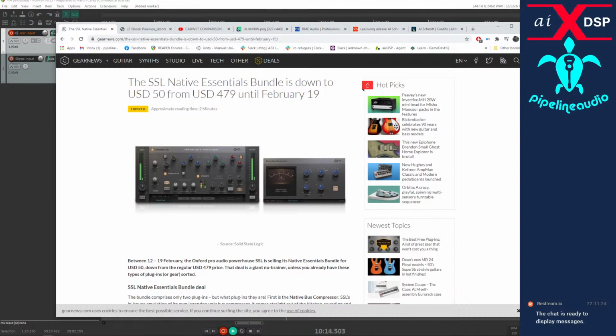I would patch in a reverb or two. I'd patch in some effects, you know, choruses or multi-effects, delays. But really, we just used this channel for everything. And so I messed around to see how far I could get just using the SSL channel stuff. But the big deal is the compressor.